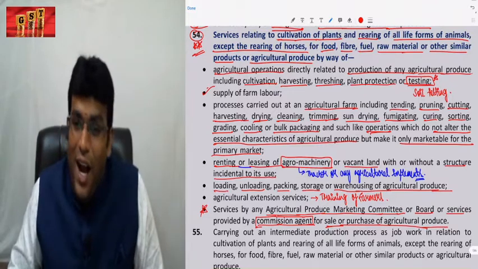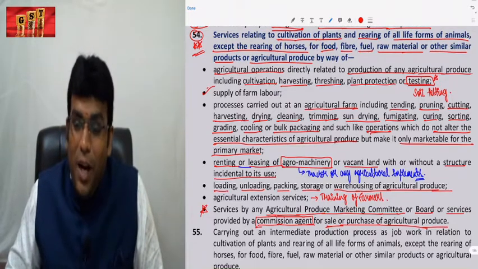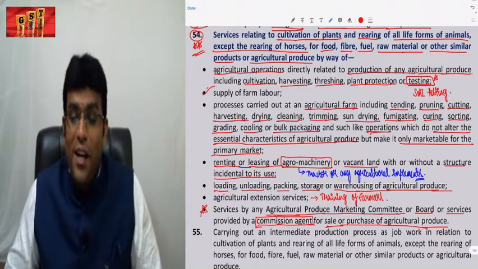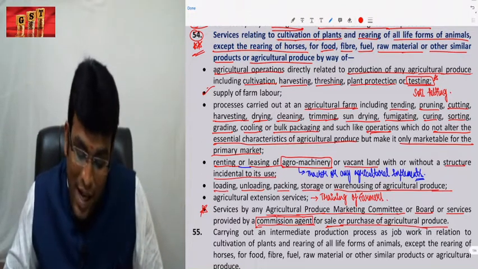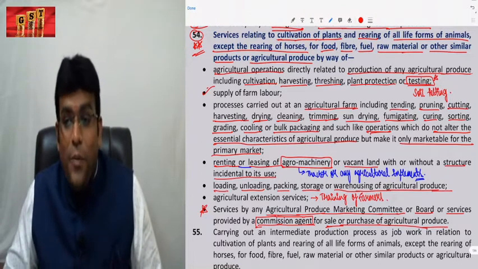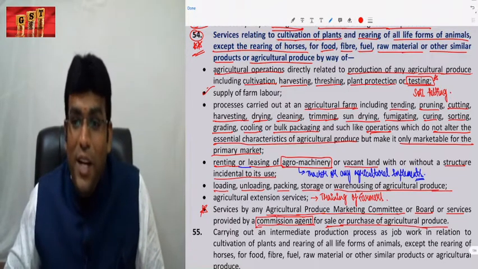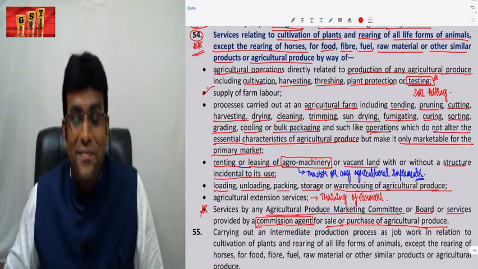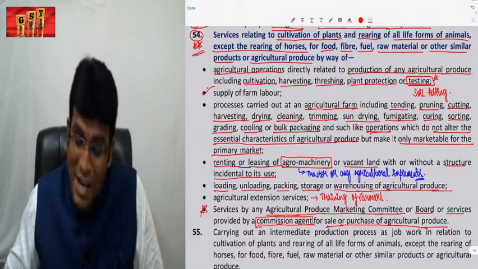Then loading, unloading, packing, storage or warehousing of agricultural produce. Next one is agricultural extension services that talks about training of farmers. Finally, services provided by an agriculture produce marketing committee or board, or services by a commission agent for sale or purchase of agricultural produce. Are we clear with this point, friends? Very good.